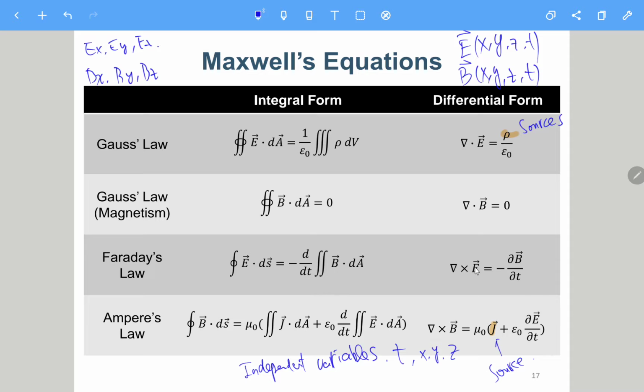If the source is also time varying, which means sometimes the charge is here, sometimes there, or the current is flowing, or increasing or decreasing from time to time, it can generate E field and B field.